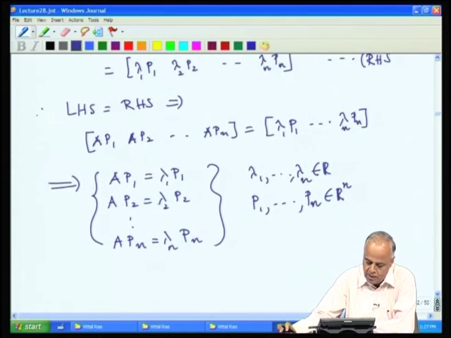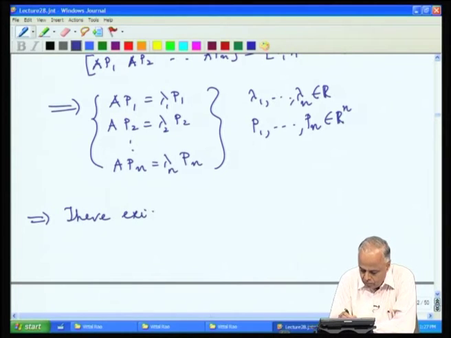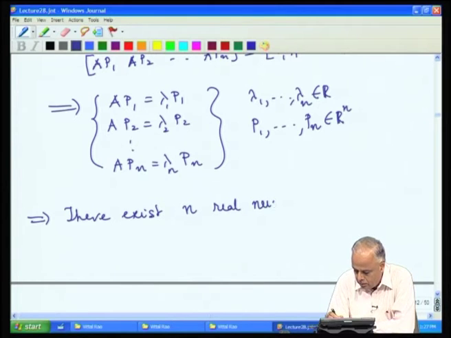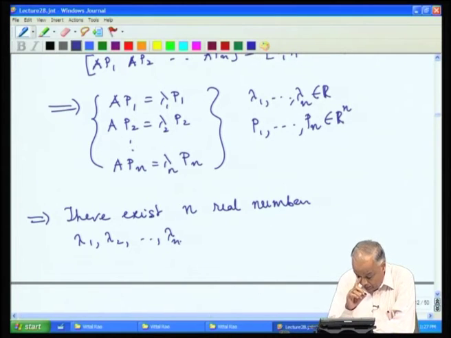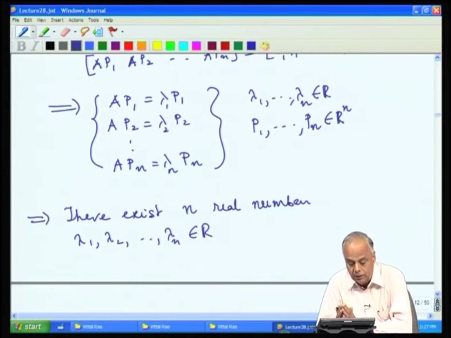Hence, that implies there exist n real numbers lambda 1, lambda 2, lambda n. Now, notice that these are only the entries in the diagonal matrix. There is no compulsion that the same entry should not repeat or anything like that.